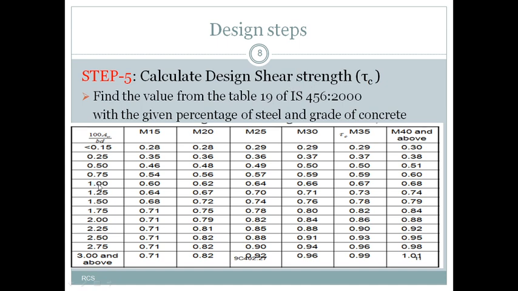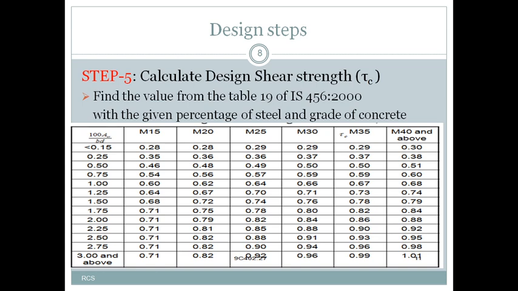Say this is 1% and this is M20 grade concrete. If you look horizontally like this and vertically like this, we will obtain this value. This value will be the design shear strength of concrete, that is equal to 0.62 Newton per mm square. Like this, we will calculate the design shear strength of concrete.